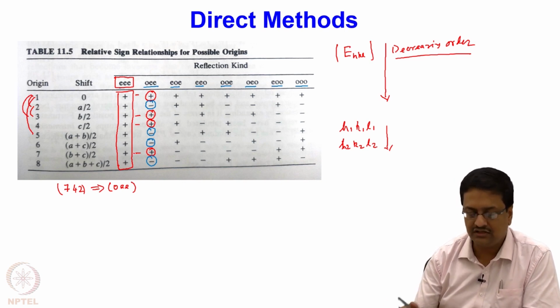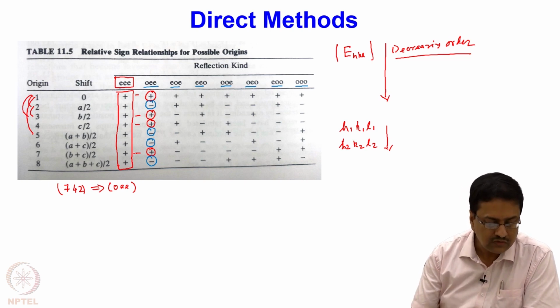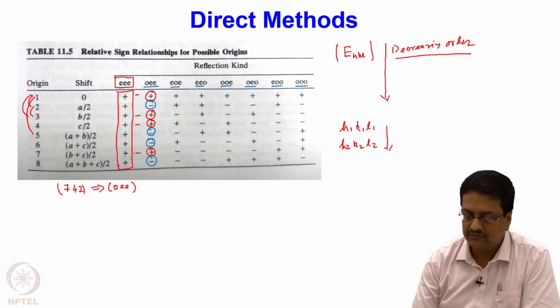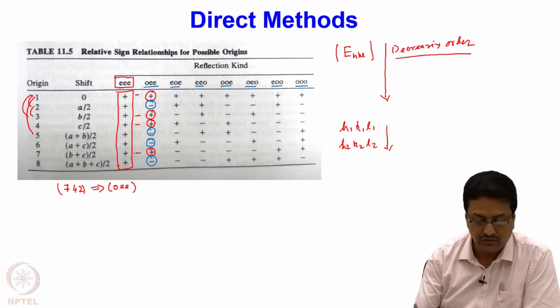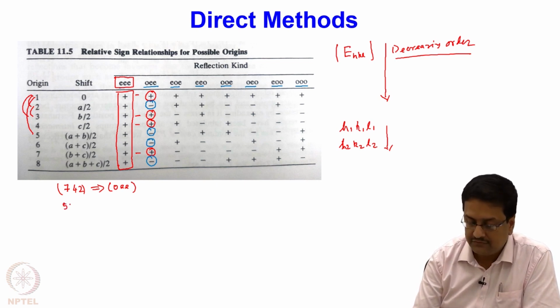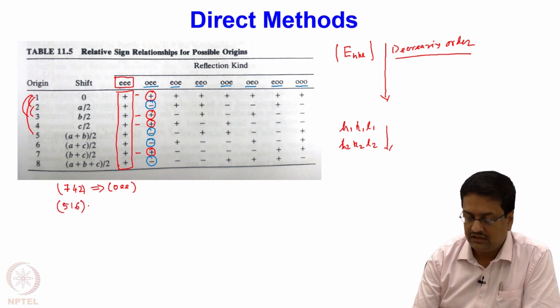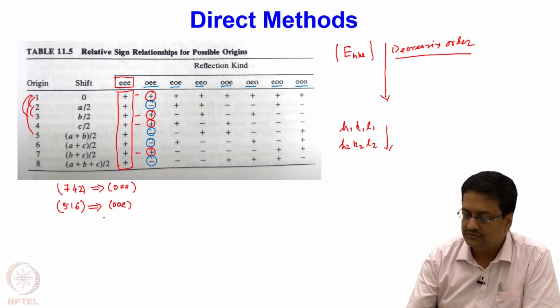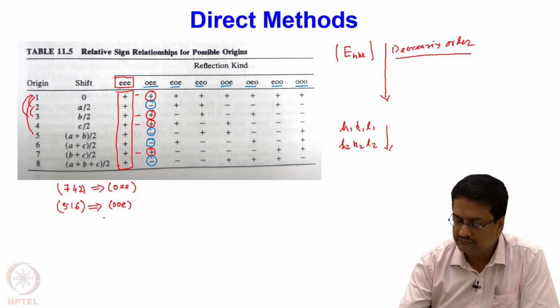So by assuming this to be correct, we try to assign the phase of some other reflection which may be falling like 516, a strong reflection, and that 516 falls as odd, odd, even set of reflection. So the odd, odd, even comes here.